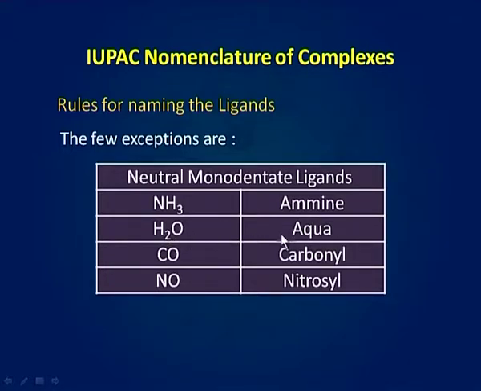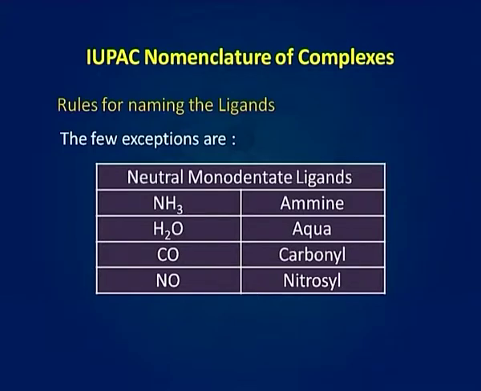H2O will be named as aqua, CO as carbonyl and NO as nitrosyl. You must note that ammine is spelled with two M's when referring to a ligand. A-M-I-N-E amine is something else.